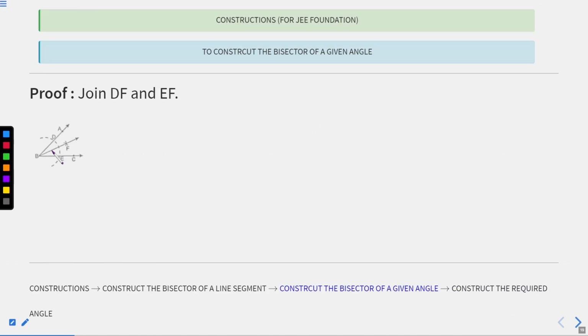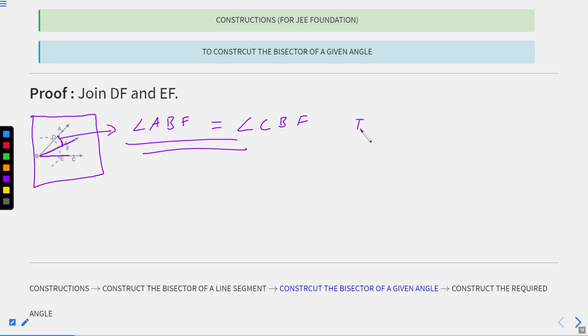Now we will prove that our construction is indeed a bisector. What we will try to prove is that angle ABF is equal to angle CBF.